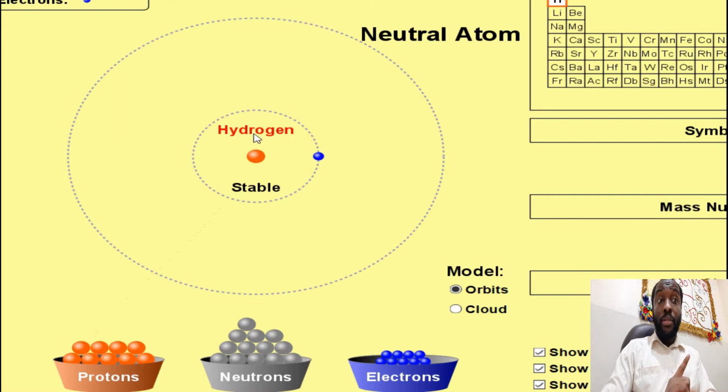The second isotope was deuterium, and we told you deuterium has a neutron as well. So you see, it is still stable. It is still hydrogen. Now the third isotope had 2 neutrons, so we add another neutron, and we see that it is unstable.